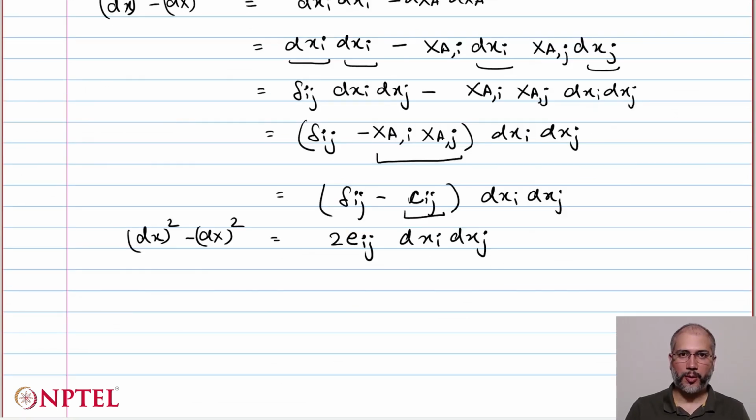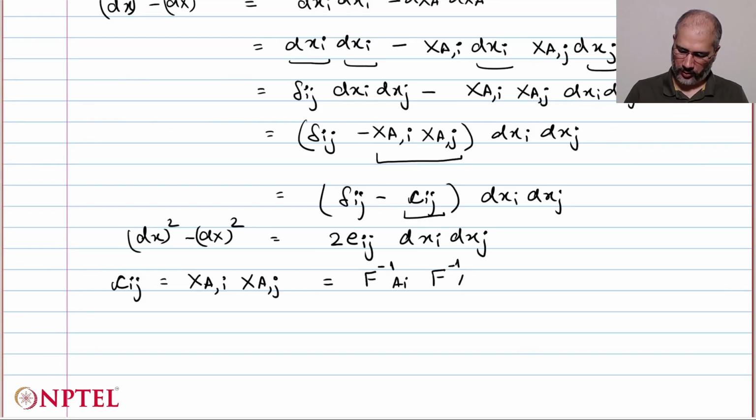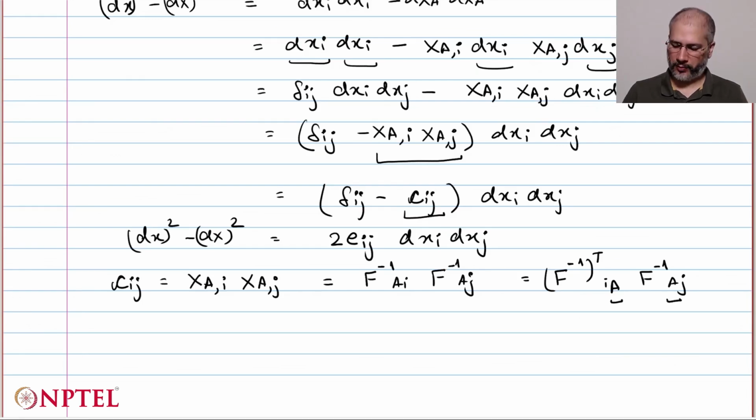So let's talk about this small c_ij. Small c_ij is defined as X_A comma i times X_A comma j, and these X_A comma i and X_A comma j are basically F inverse_Ai and F inverse_Aj, which can also be written as the F inverse transpose, i A component, and F inverse_Aj. So now we can see that there's a multiplication of these two matrices.